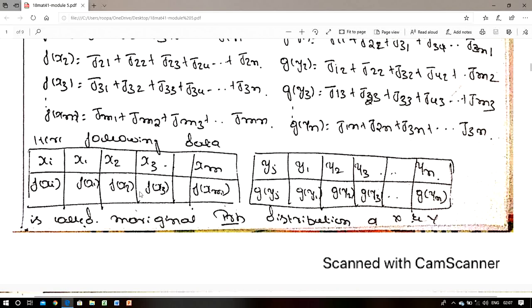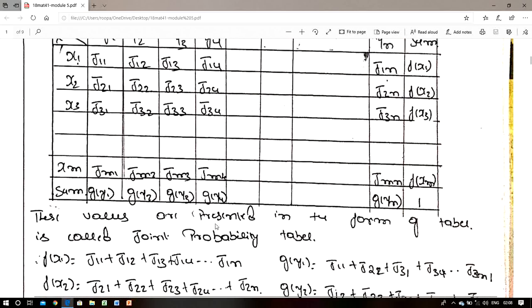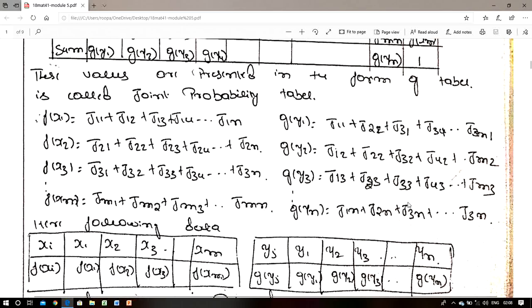The sum of each row is represented in this table: x1 with f of x1, x2 with f of x2, x3 with f of x3, up to xm with f of xm. Here x1 means first row, x2 means second row, x3 means third row, up to xm, the mth row.